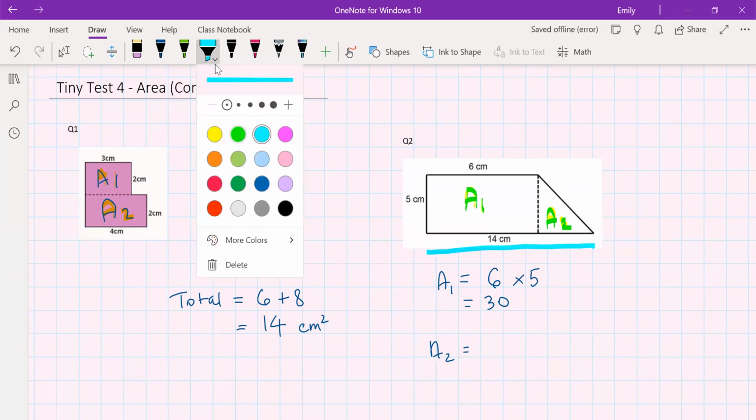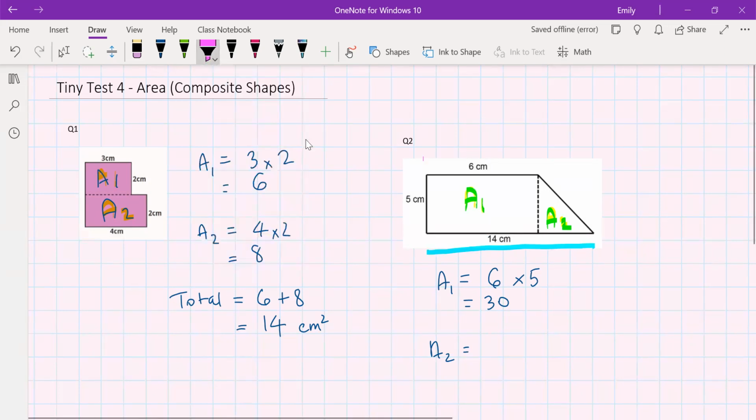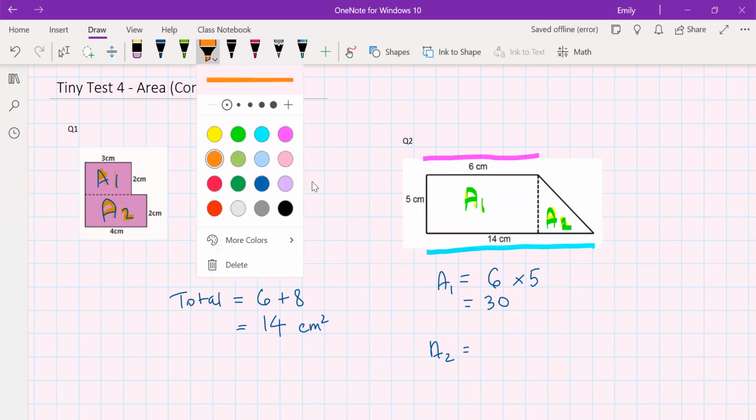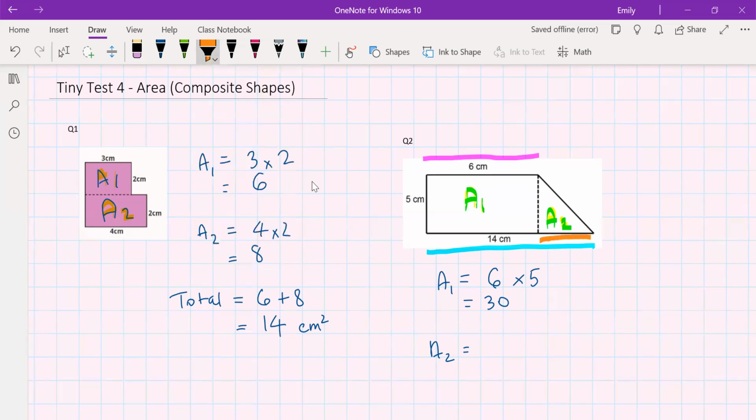And 6 goes from there all the way across to there. So this little bit that's left over is the base of the triangle, and it's the difference between 14 and 6. If I take 6 away from 14, I'm left with 8. So this bit is 8 centimeters long.